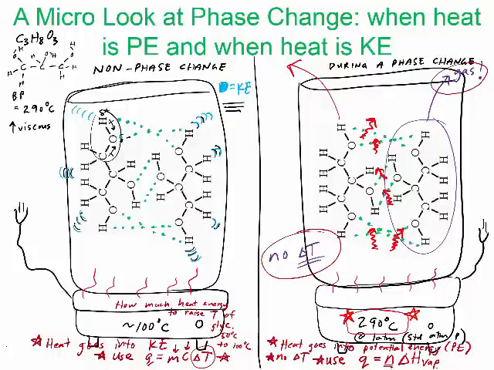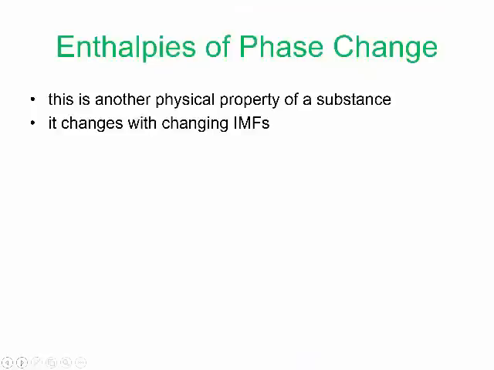So let me move on to the next slide, and we'll make some definitions about enthalpy of phase changes. Enthalpy of phase change is another physical property of a substance, and it changes with IMF. So you would expect glycerin, which has massive IMFs, to have a very large enthalpy of vaporization.